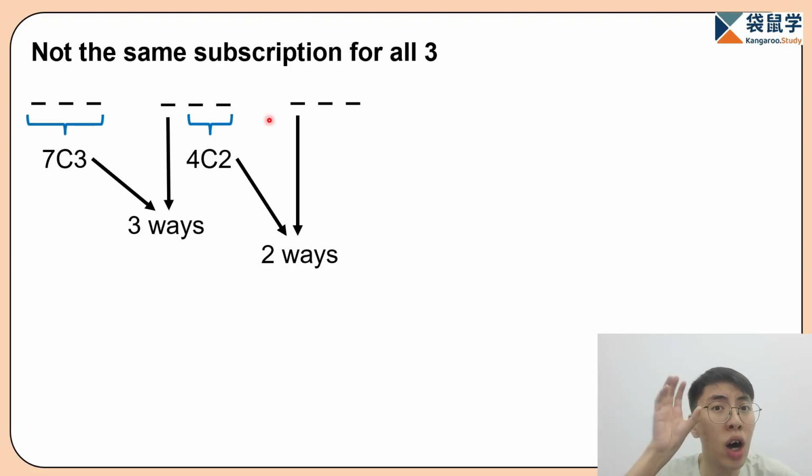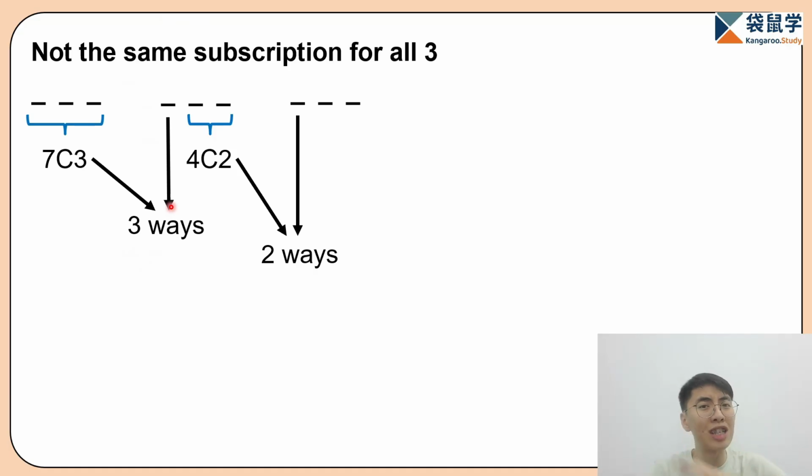But no, that's also another problem. This newspaper, who must it be the same as? It must also be the same as one of this newspaper. But can it be the same as this newspaper that was selected?